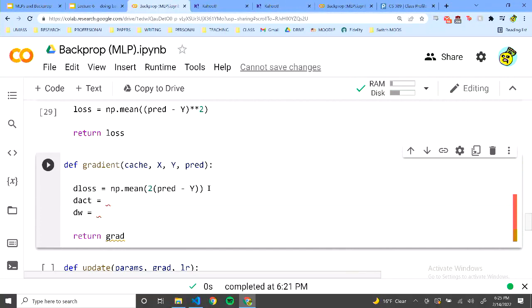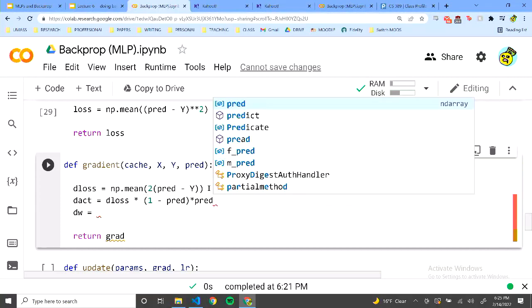So does everyone remember the derivative of our sigmoid, or sigma? Exactly. And in our case, in this example, it happens to be that prediction is the output of that sigmoid, of the sigma. So in the case of this, it will be d loss times 1 minus prediction times prediction.